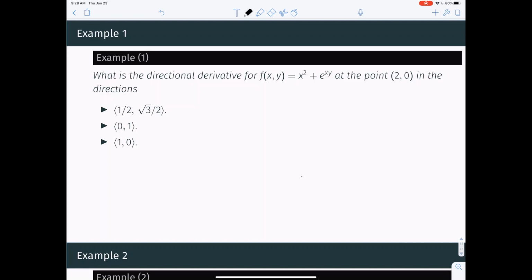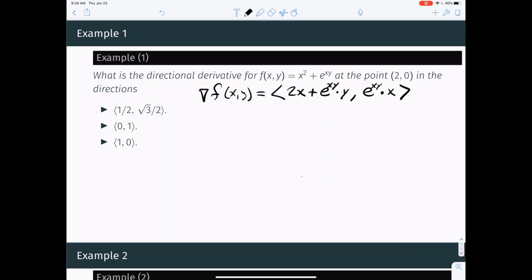So what we should remember is to find a directional derivative, we compute the gradient of the function, which in this case is the x partial derivative, 2x plus e to the xy times the derivative of xy with respect to x, that's just y, and then e to the xy times the derivative of xy with respect to y, which is x.